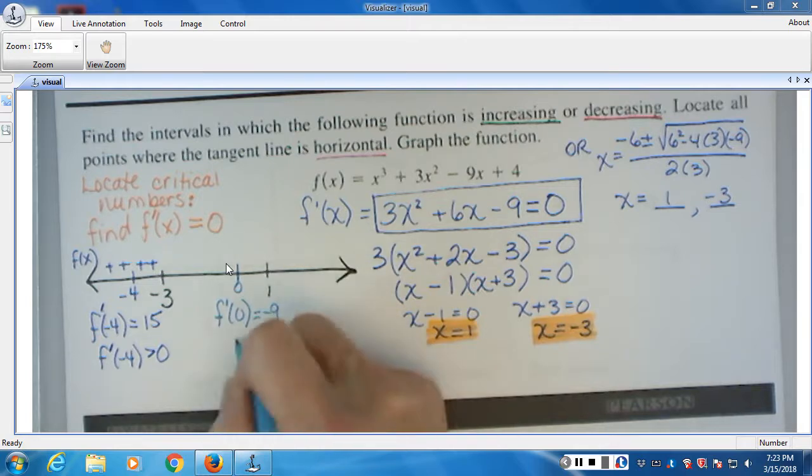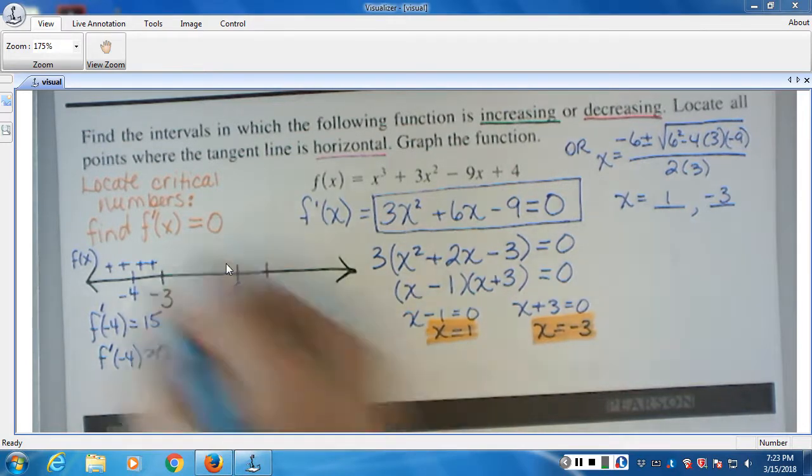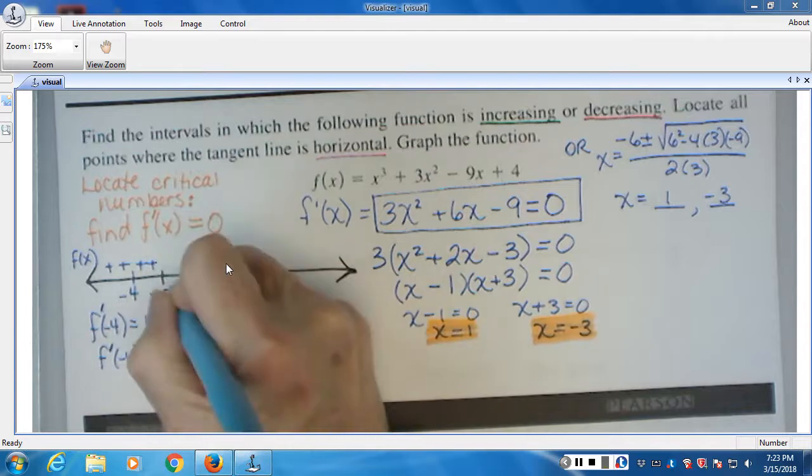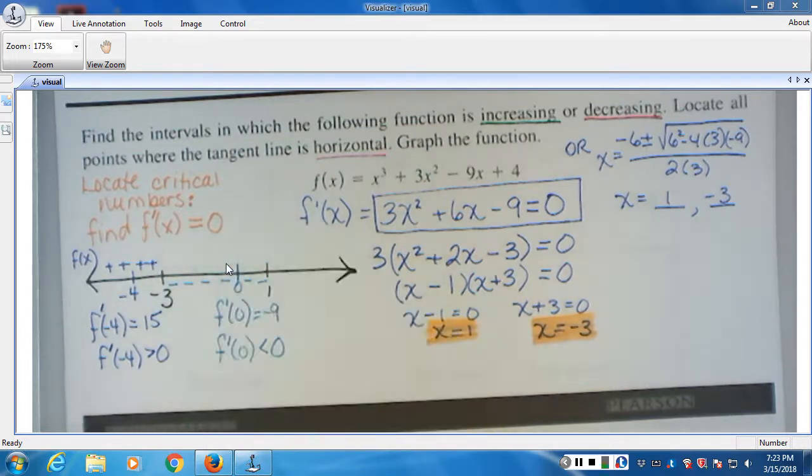And because it's negative, I know my derivative is negative, and that means the value of my function is negative from the time it leaves negative 3 until it pulls into the station at positive 1.